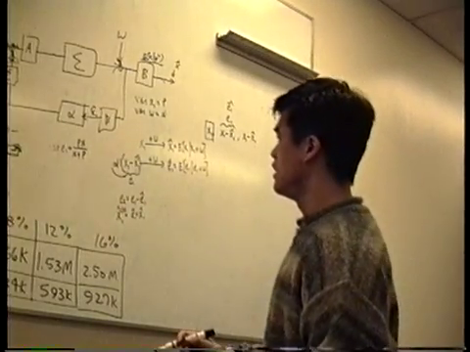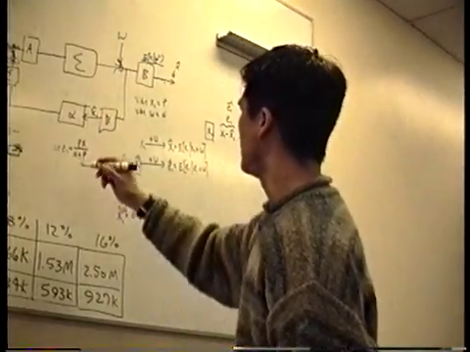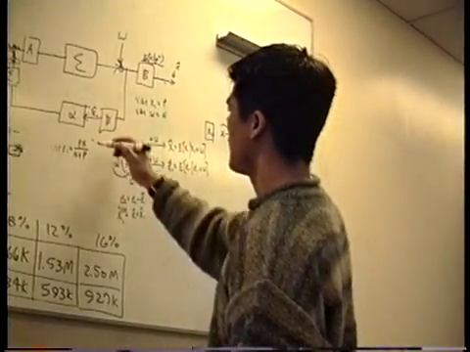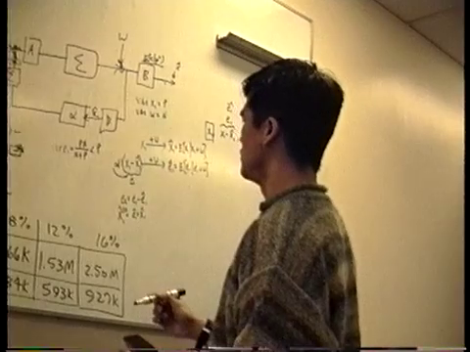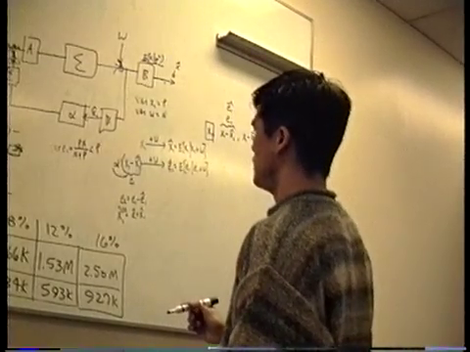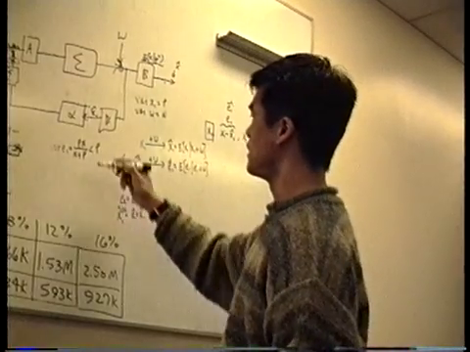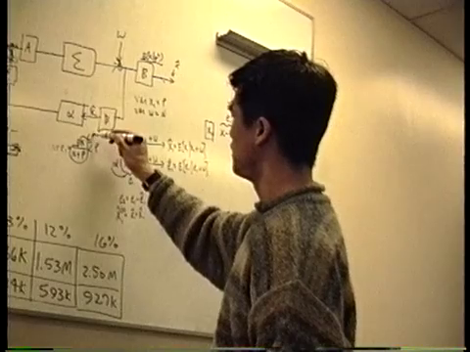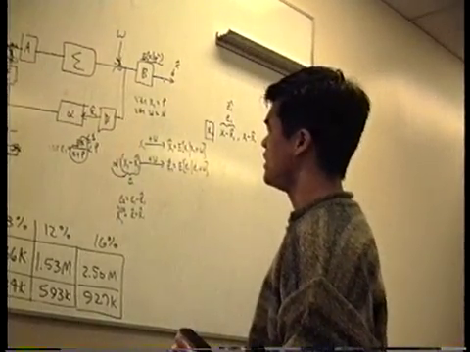The variance of x1 would be p, so this is less than p, because this factor is less than 1. Okay, good.